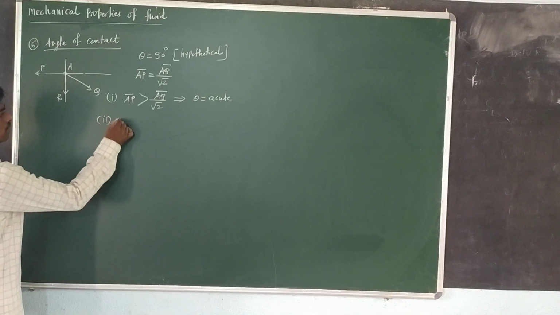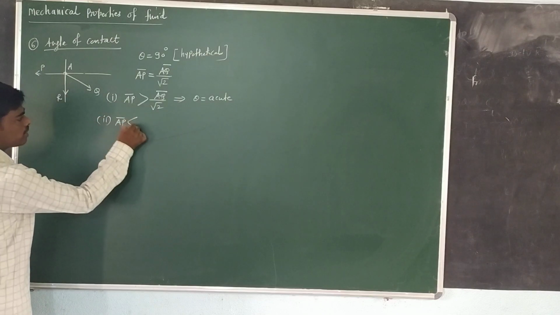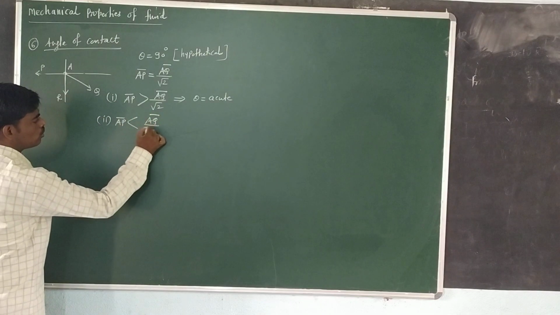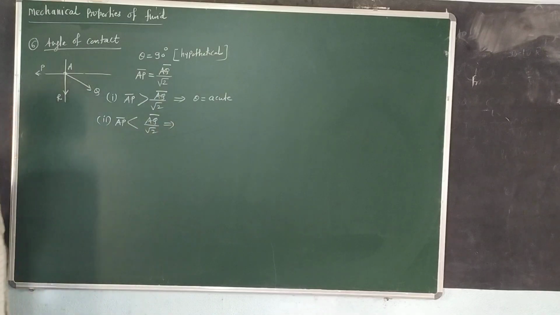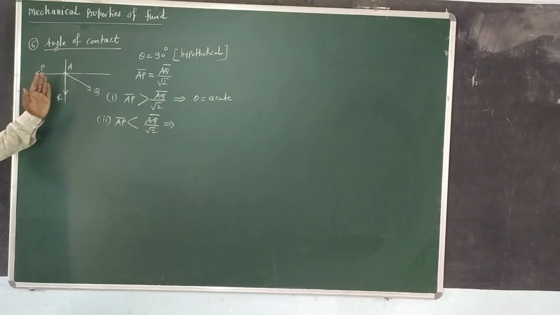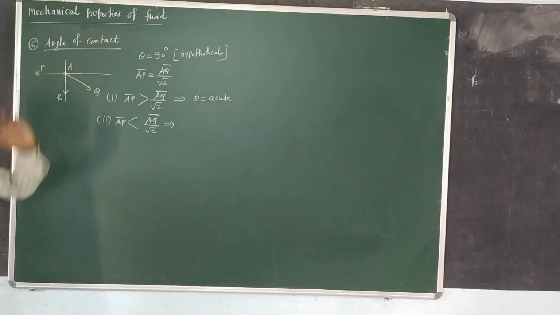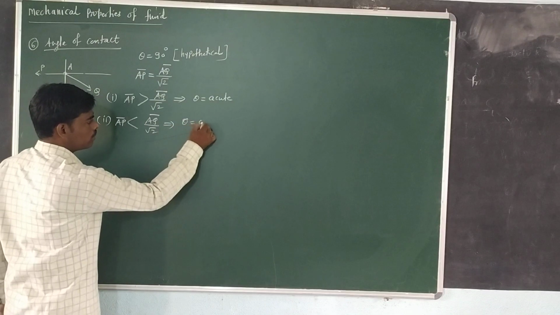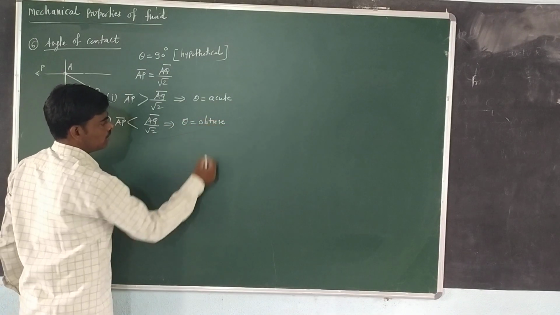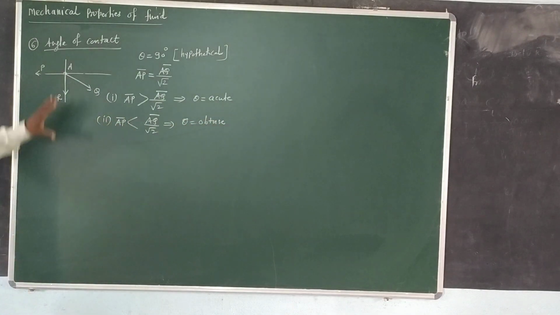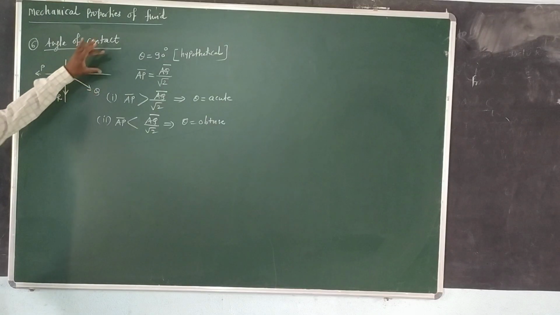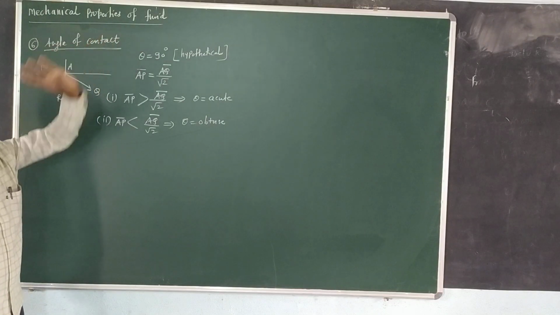Sometimes vector AP becomes less than AQ by root 2. Here the resultant force AR shifts inside the liquid, and therefore molecule A and other neighboring molecules creep downward, a convex surface is formed, and the angle of contact becomes obtuse, greater than 90 degrees. So these are the practical conditions, and this one is the hypothetical, ideal condition.